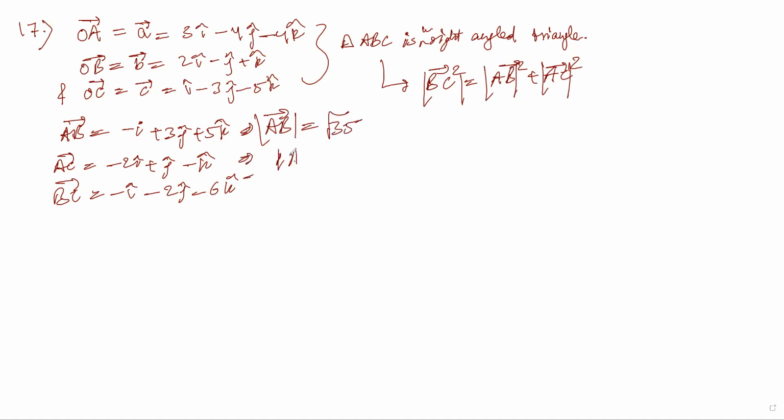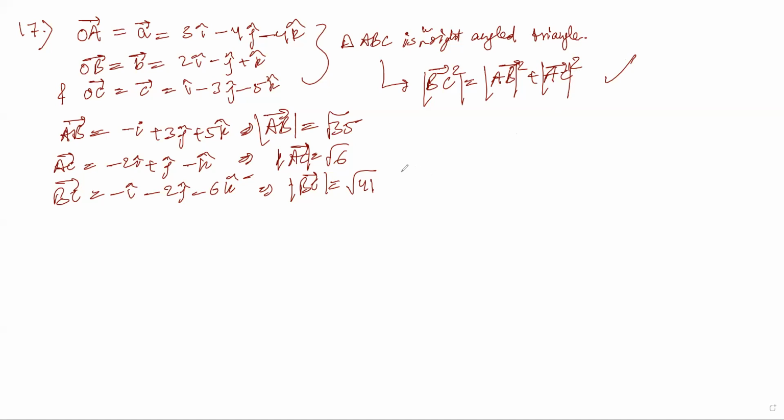Similarly, root 6 and root 41. So in this case, BC square is equal to AB square plus AC square. Yes, so we are good to go. Now let's solve question number 18 as well.